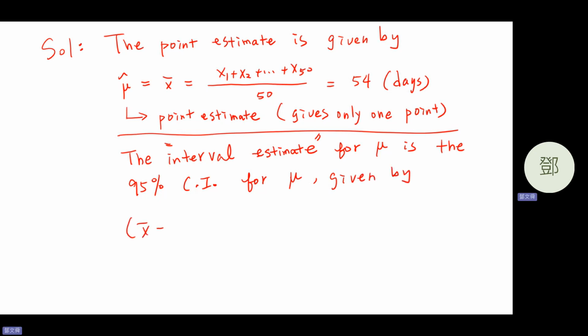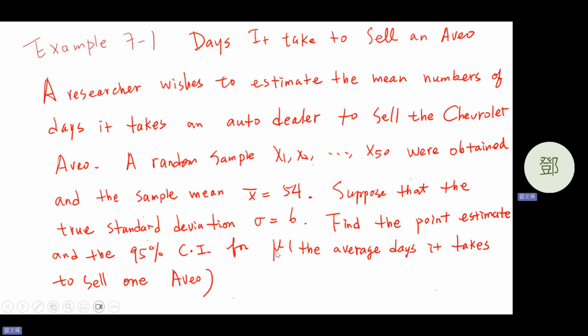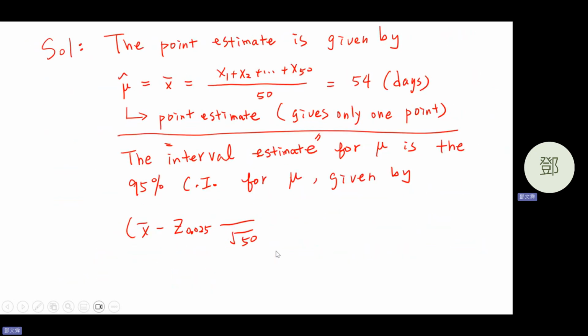x bar minus z 0.025 sigma over square root of 50, and it is already assumed that sigma is known, which is 6, and x bar plus z 0.025 sigma over square root of 50.